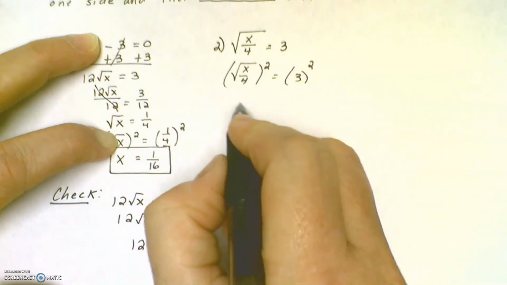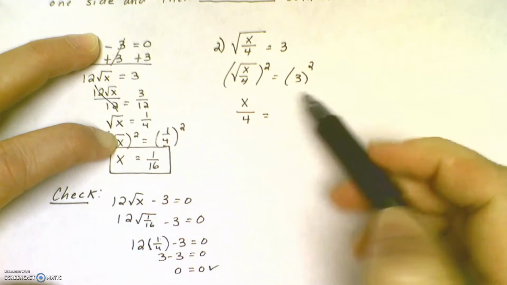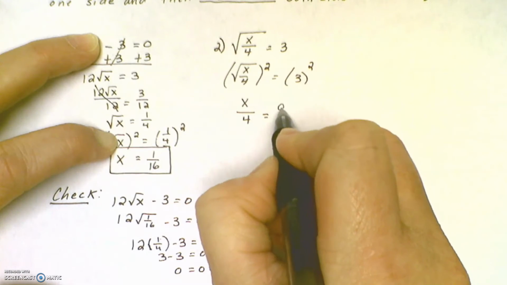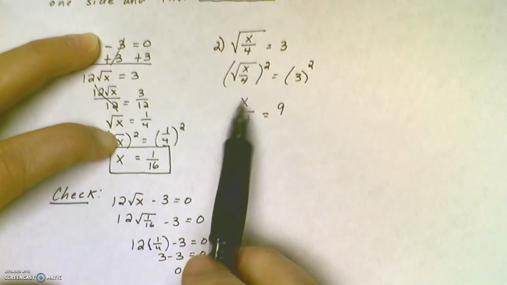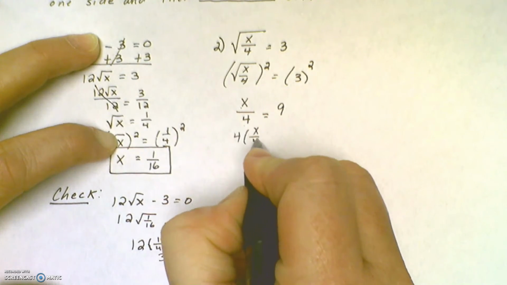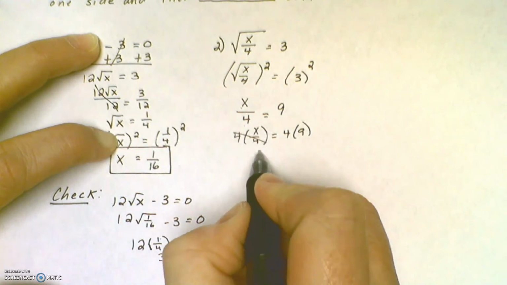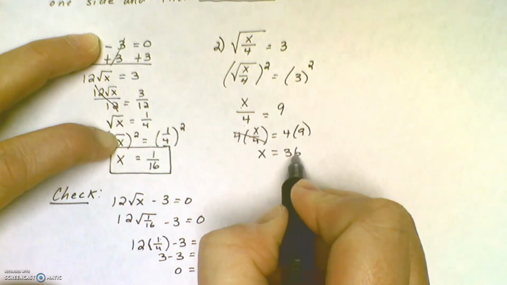Squaring a square root, we get x divided by 4. 3 squared is 9. Solving for x, we'll multiply both sides by 4. And we get x equals 36.